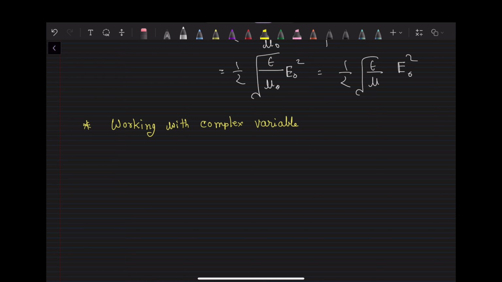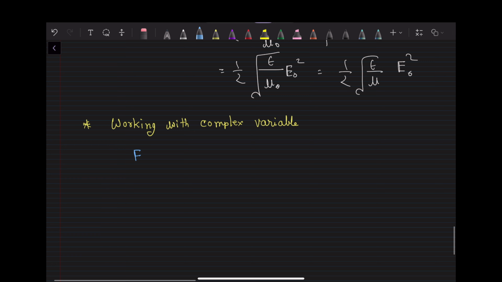Of course, even if we are writing the electric field and magnetic field in complex variables, they have to be real, because that's a real quantity. We can measure or see the effects of it. So what we have is the electric field as the real part of something like some unit vector.